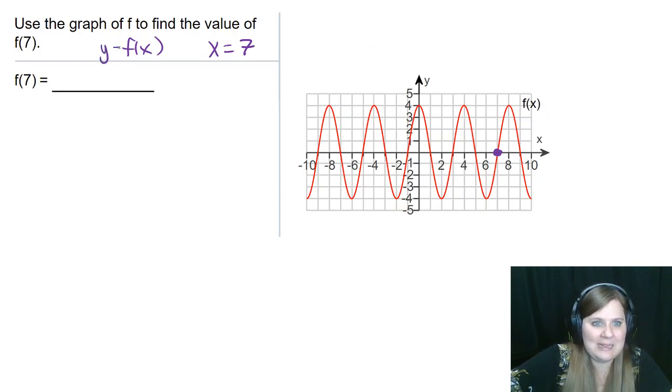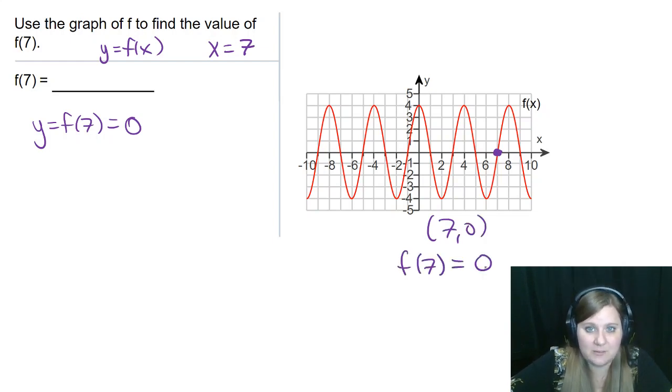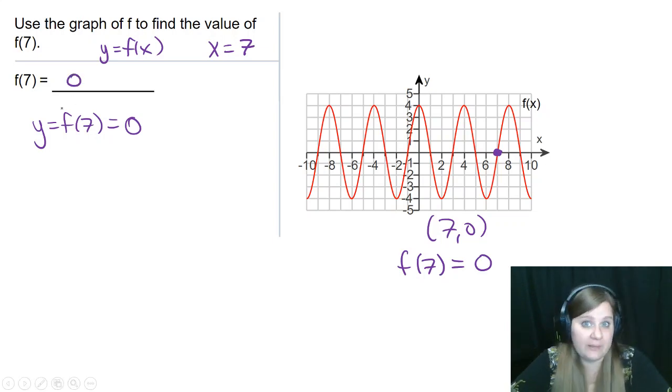And remember, y equals f of x. So we're saying y equals f of 7. What is the y value at that point? Well, it's 0. Note that the point is (7, 0), which means that f of 7 equals 0. You cannot write the point in the blank. You can only write the y value.